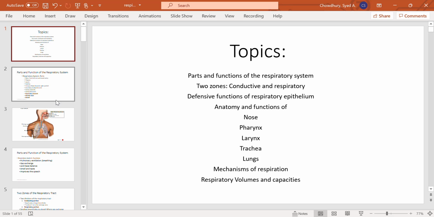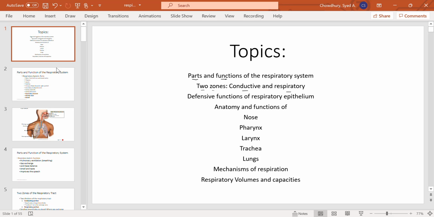So in this lecture, first we'll see the parts of the respiratory system and the important functions. Then the entire respiratory system is divided into two zones, conductive and respiratory zones.